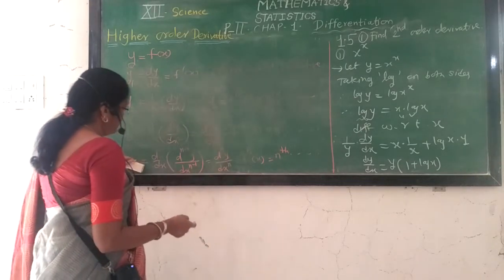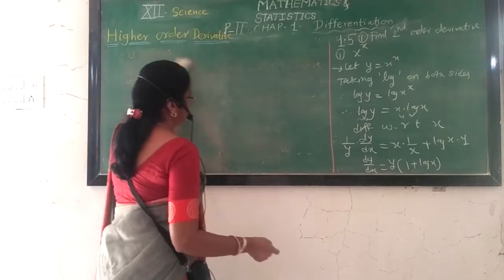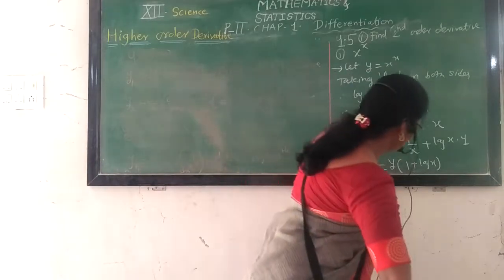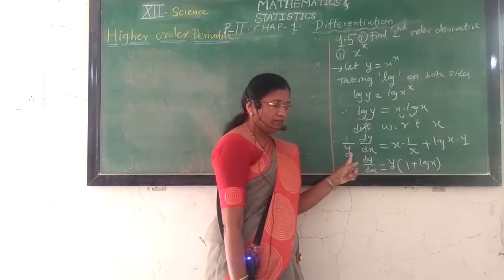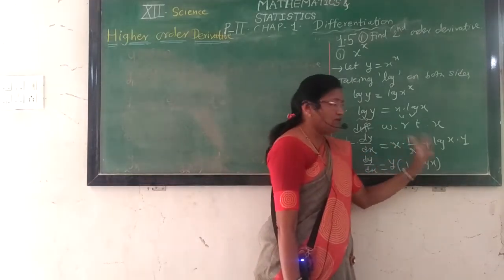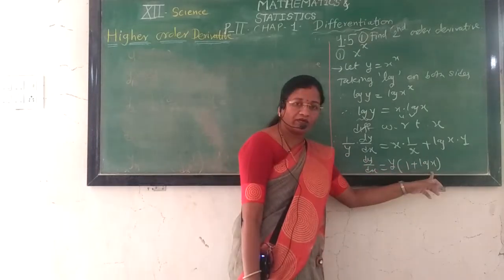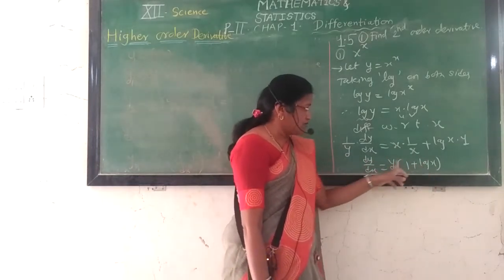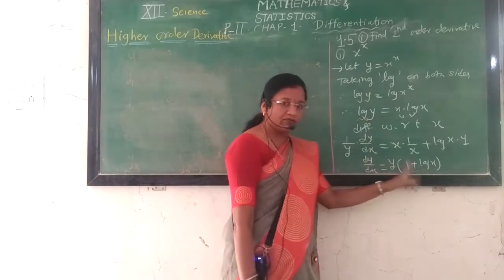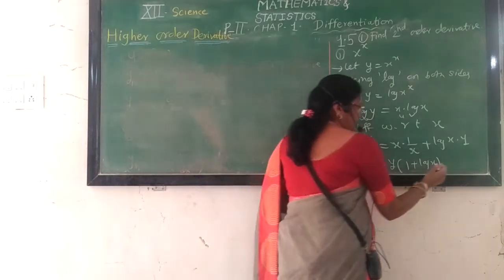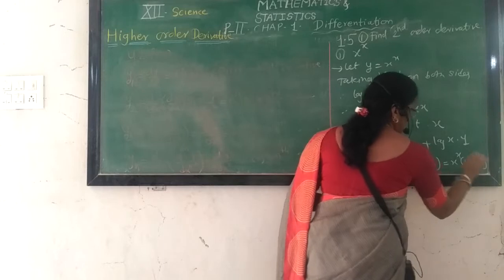Now for the second derivative, we take differentiation on both sides with respect to x. At this step, you may apply the u into v rule to differentiate y into (1 plus log x), or you may simplify and put the value of dy by dx, which is x raised to x into (1 plus log x).